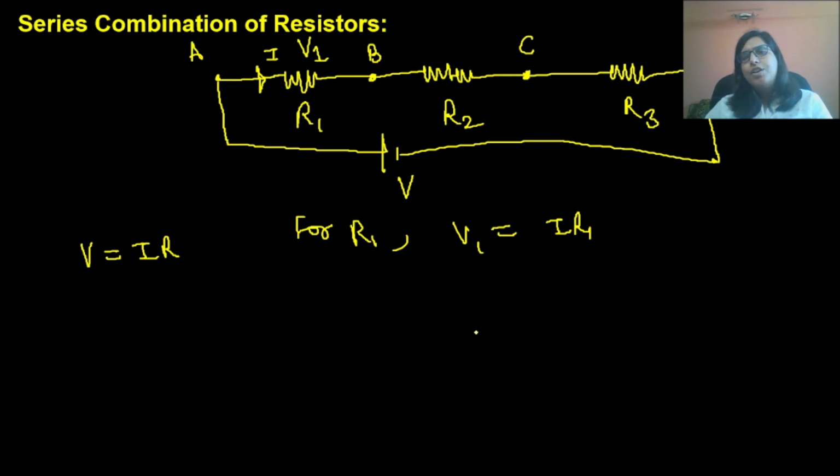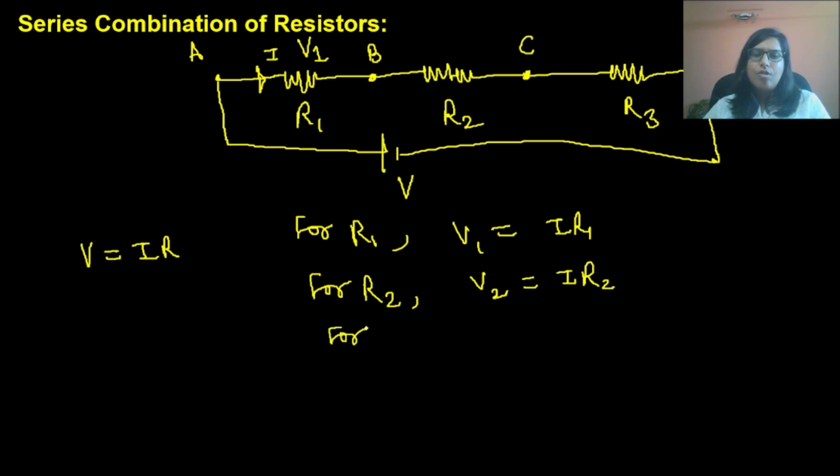Because current flows from high voltage to low voltage. Now for R2, V2 will be I into R2. For R3 similarly we can write V3 equals I into R3.